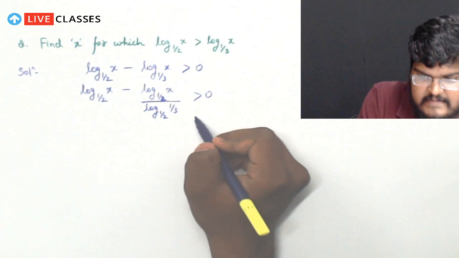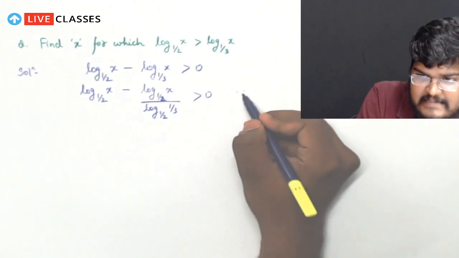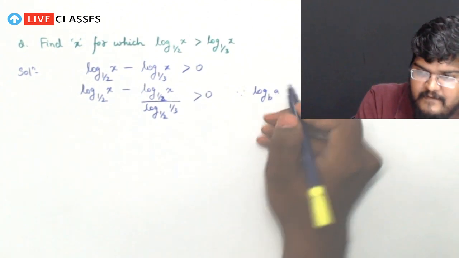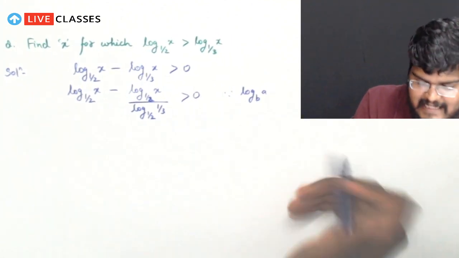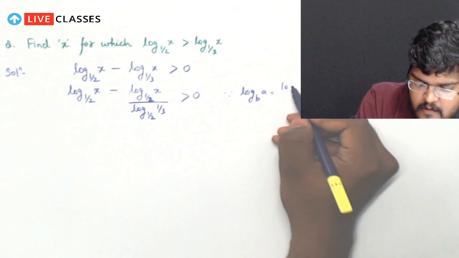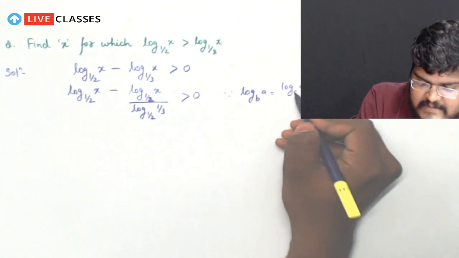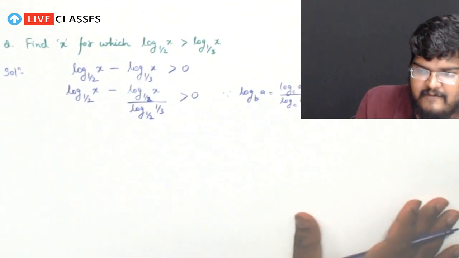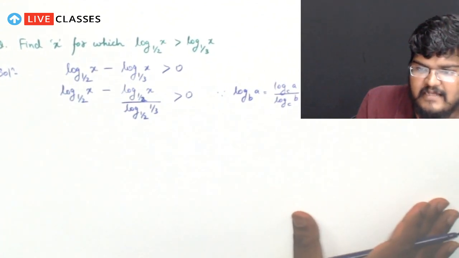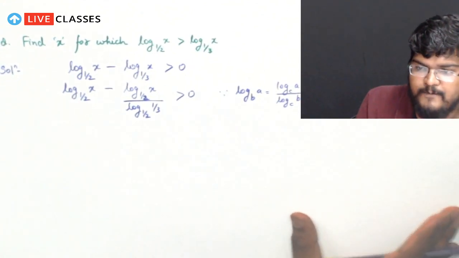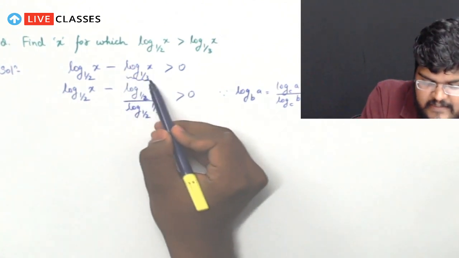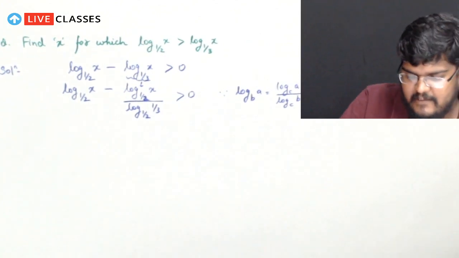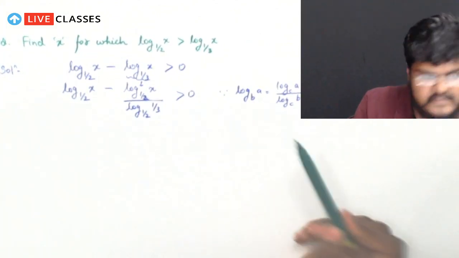This is greater than 0. Now for the reason, I can say that log of a with base b can actually be written as log of a with base c upon log of b with base c. So all I have done is taken this particular value and rewritten it in terms of this value, by taking care of this property.